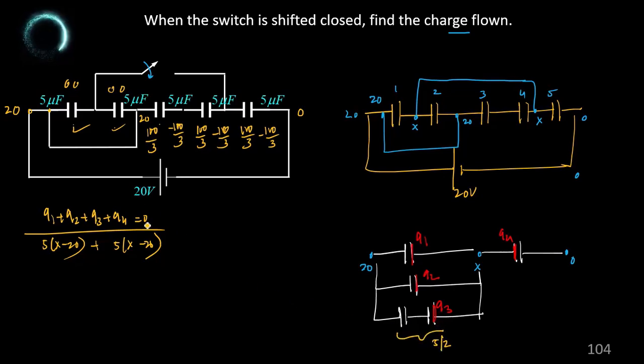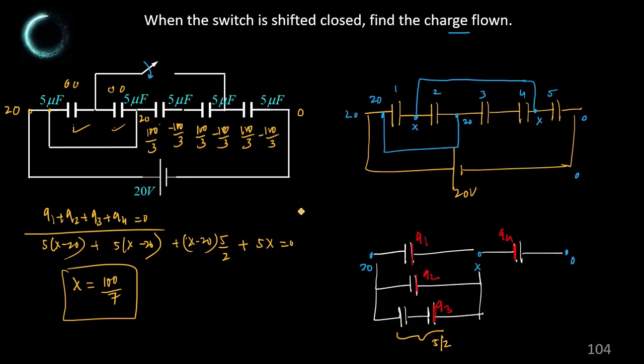So Q3 should be X minus 20 into 5 by 2. Now comes Q4. Q4 is the potential difference X, so I write 5 into X, that equals 0. The solution of this will give the value of X. Once I calculate, X becomes 100 by 7. So 100 by 7 is the potential at X location.